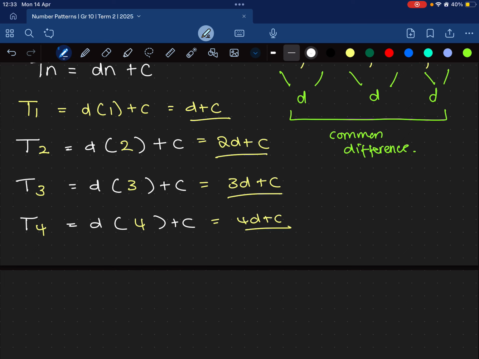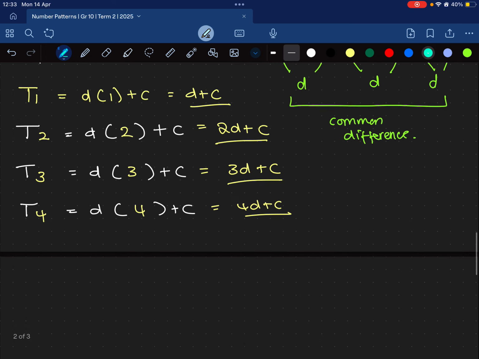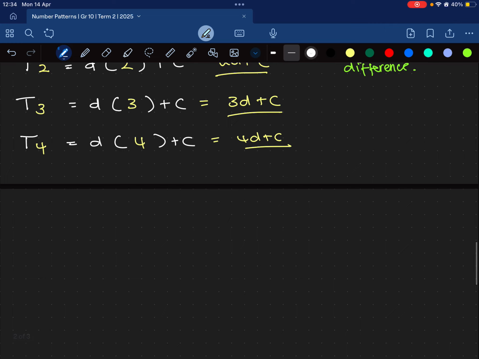So we pick up on quite a few things here in this general equation that we've just found. And the first thing is that notice that T1 will always be D plus C. So that's something that's actually quite helpful to remember when we need to use it, that T1 is always going to be D plus C. But now what if I wanted to know what C was?